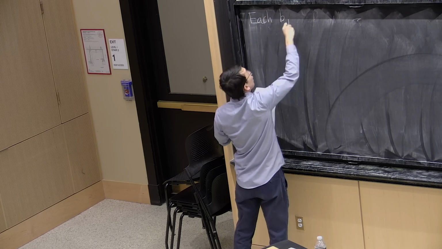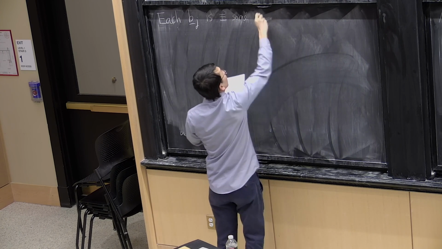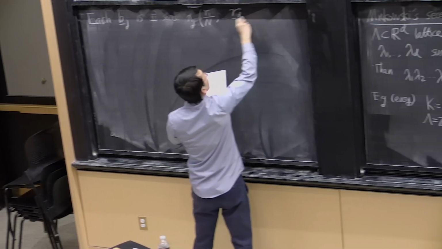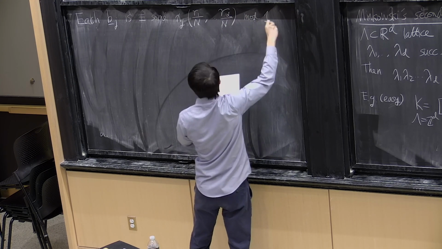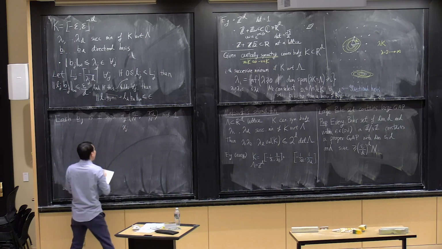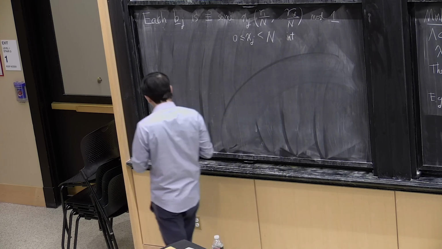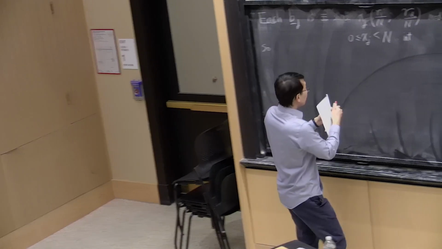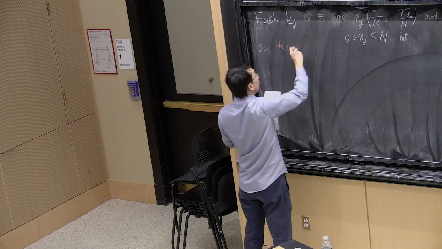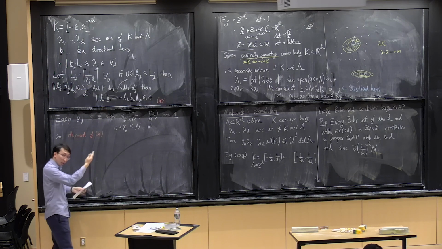So each B sub j is congruent to some x sub j times this vector mod 1, where x sub j is an integer between 0 and uppercase N. So this inequality up here, star, the ith coordinate, meaning this is an L infinity bound, so the ith coordinate is upper bounded by epsilon.